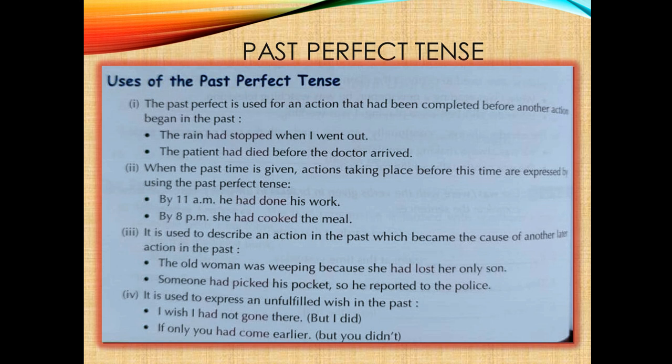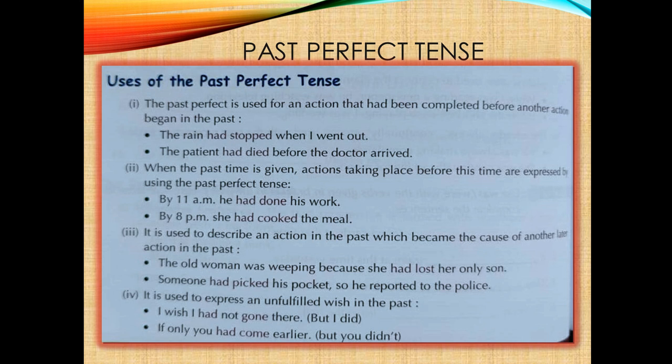It is used to express an unfulfilled wish in the past. I wish I had not gone there, but I did. Okay? If only you had come earlier, but you didn't. Right?